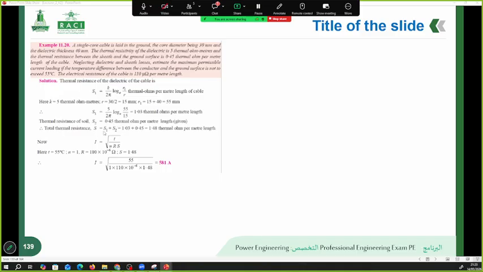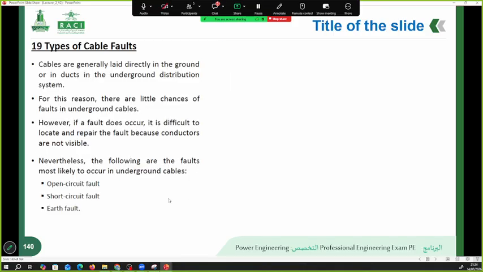So S is equal to S1 plus S2, which is this value. So the current is equal to this value. We have one core conductor, the temperature is 55 degrees, and S is 1.45. So we can just replace the values and we can find the current.